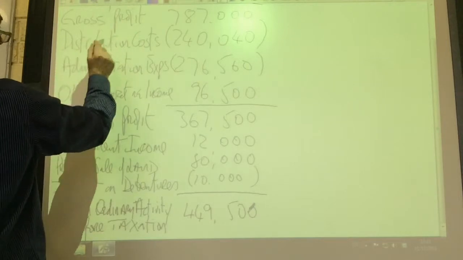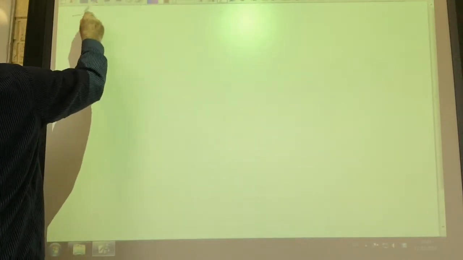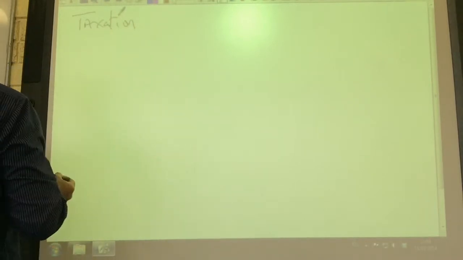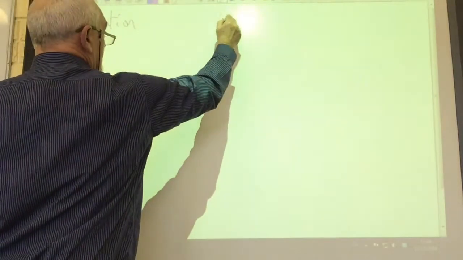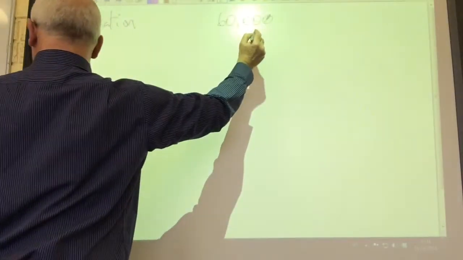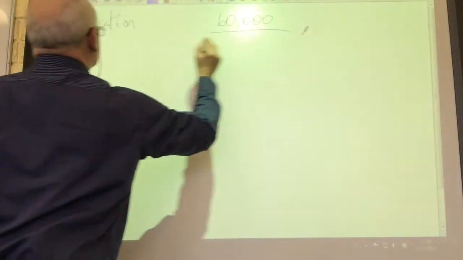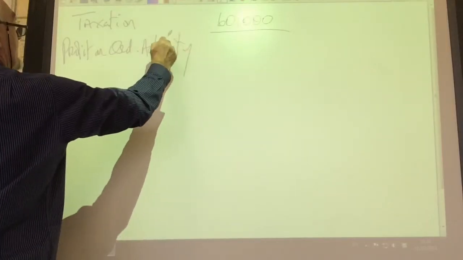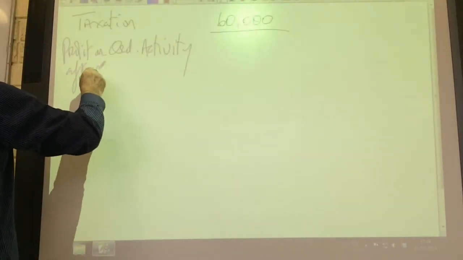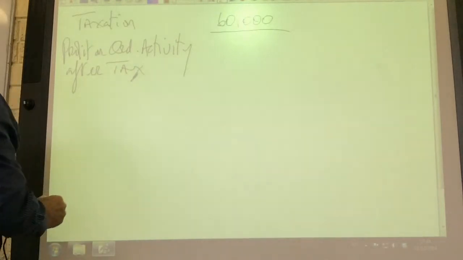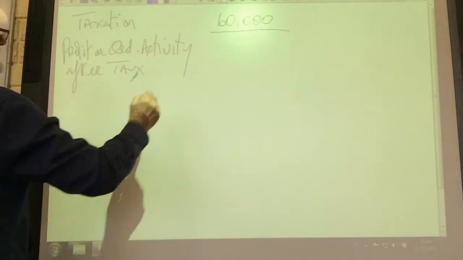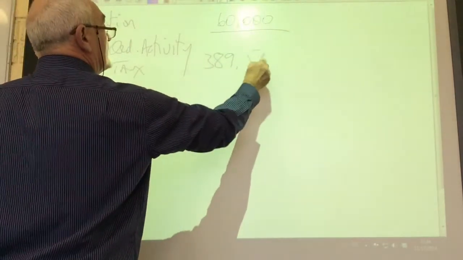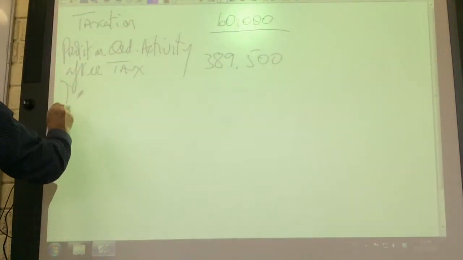And then we have taxation of 60,000. And that brings us to profit on ordinary activity after taxation, which is 389,500, from which we deduct our dividends.